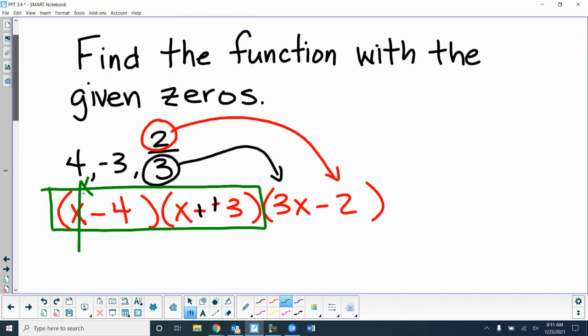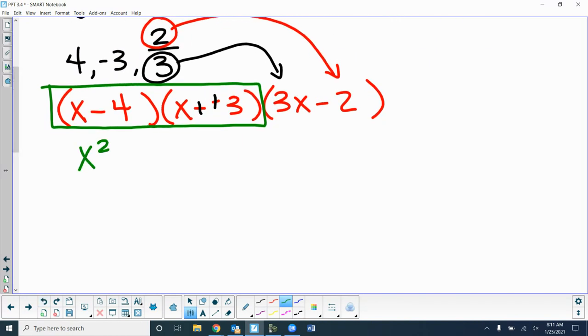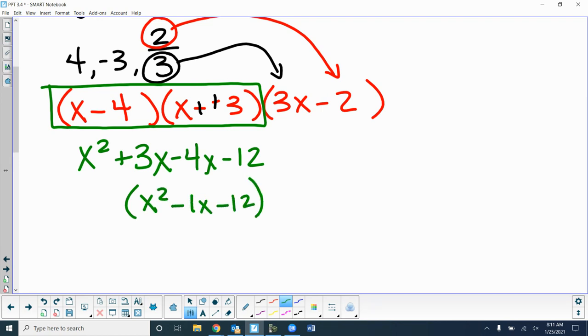X times x is x squared. X times positive 3, remember, we made it minus a negative, we made it positive, so plus 3. Negative 4 times x, and negative 4 times 3. So I get x squared minus 1x minus 12, and then I multiply it by 3x minus 2.